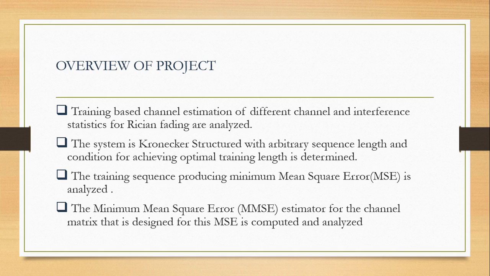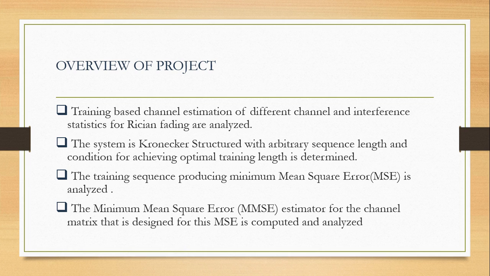Let us now take a look into my project. My project is based on training based channel estimation of different channel and interference statistics for Rician fading. This is analyzed, and the structure that I have used is the Kronecker structure with arbitrary sequence length, and I have achieved the condition for optimal training length. The next step is that the training sequence that produces the minimum mean square error, that is MSE, is analyzed.